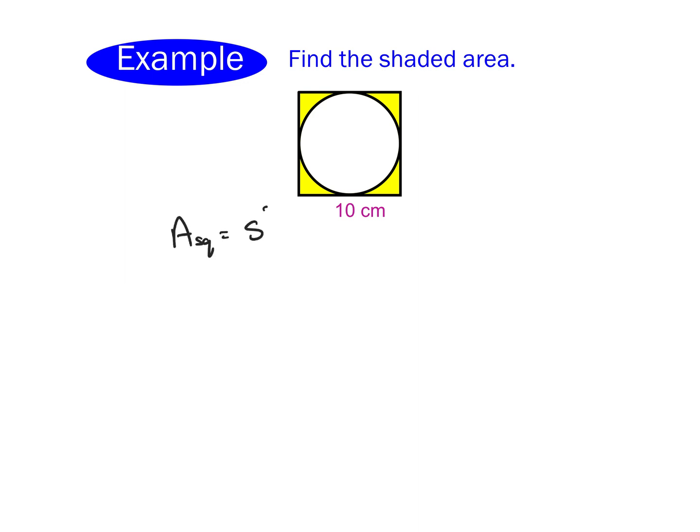Formula for that is s squared. What's s? What's the side length of the square? 10. It is 10, so we're going to do 10 squared. Sometimes people think 10 squared is 20. Just remember, squared means multiplied by itself. 10 times 10 is 100 centimeters squared.